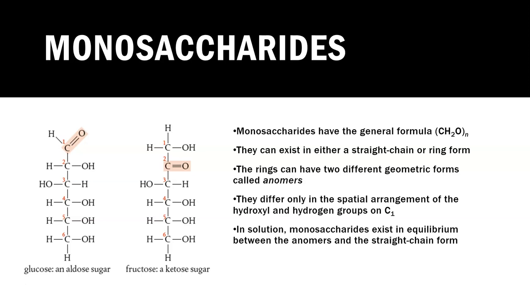But remember, they do have 2 forms, the straight chain form and the closed ring form. So in addition, in solution, these exist in equilibrium. Sometimes they open up, sometimes they close. Okay, and the position of that hydroxyl can change when we have ring open and ring closed.